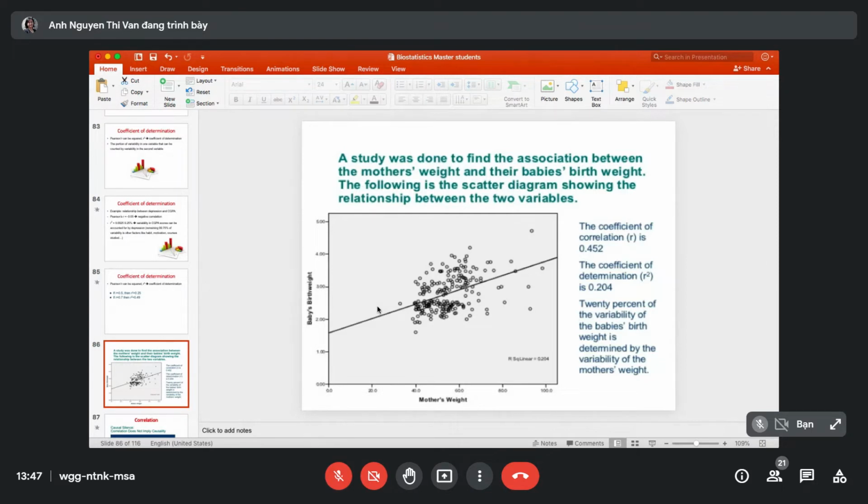So you see, the correlation test is very useful for you to talk about the correlation between the two variables.